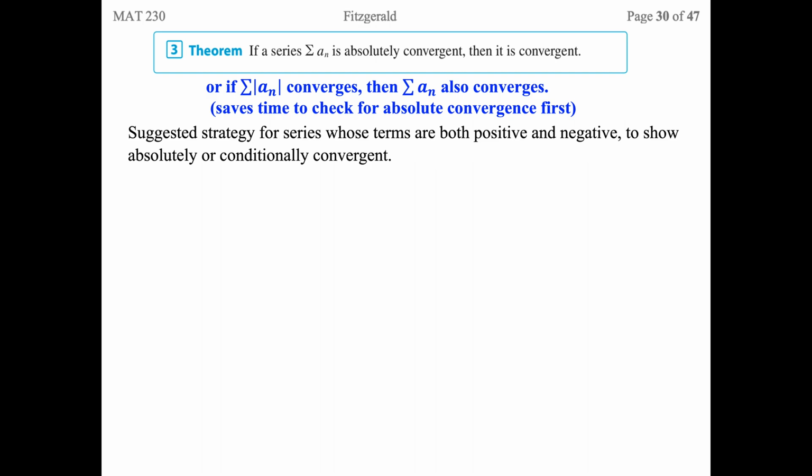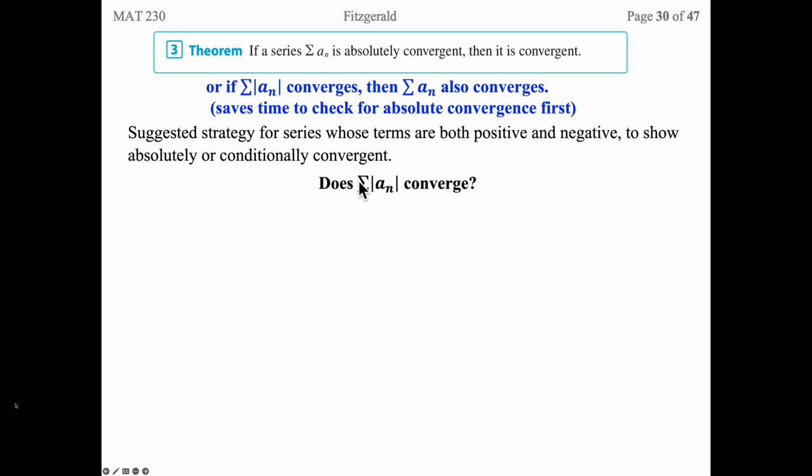So we're going to look at a potential flow chart for how we want to do this. When you get negative terms, we always look at the series and see if it's going to converge absolutely, because if it does, then we know it's also going to converge. If it doesn't converge absolutely, then we'll do some kind of alternating series test, and if it does converge, then we know it's going to converge conditionally.